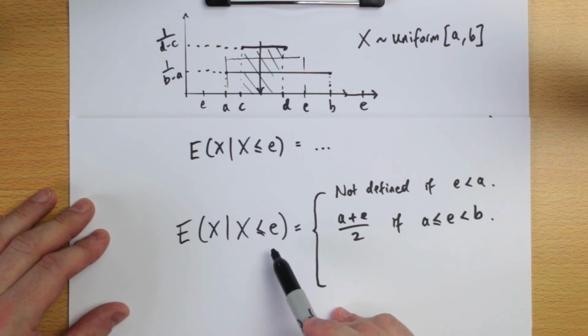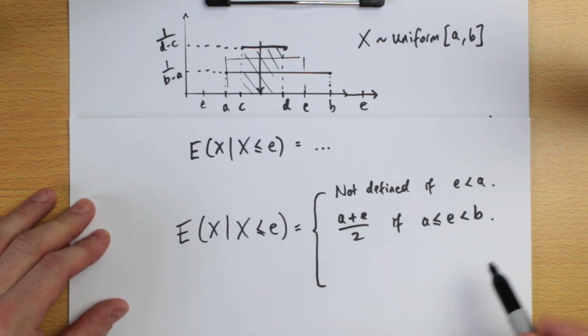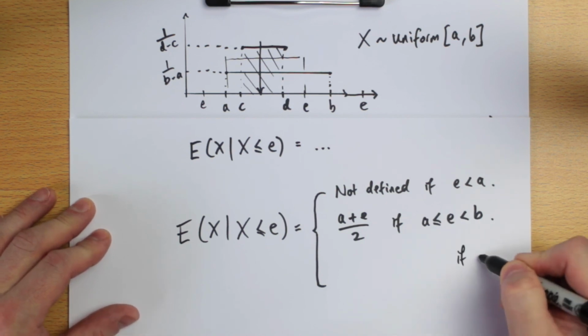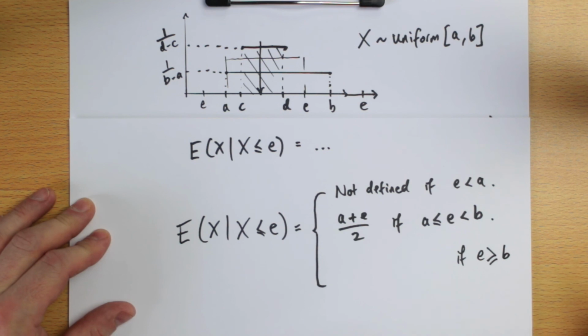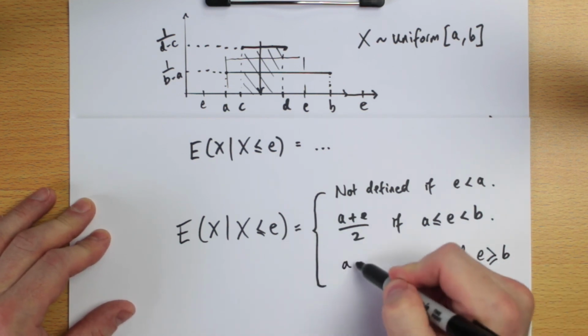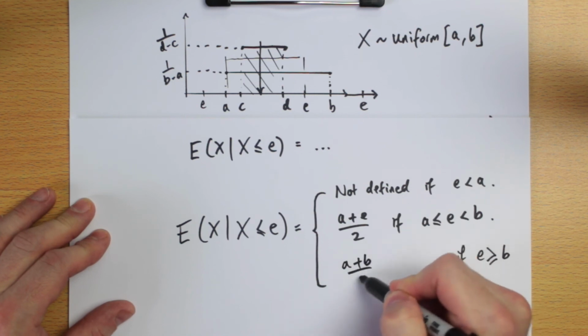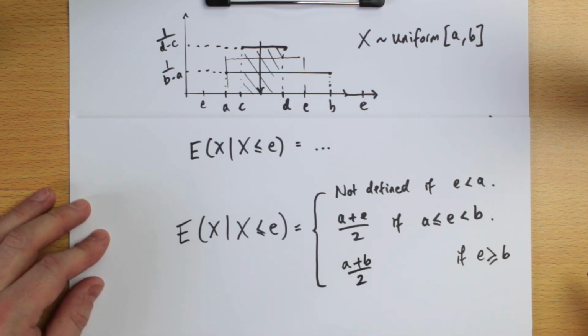That implies it's less than or equal to anything greater than b. So if e is greater than b, then this information isn't going to change our assessment. So the expected value would be a plus b divided by 2. So then it wouldn't depend on e.